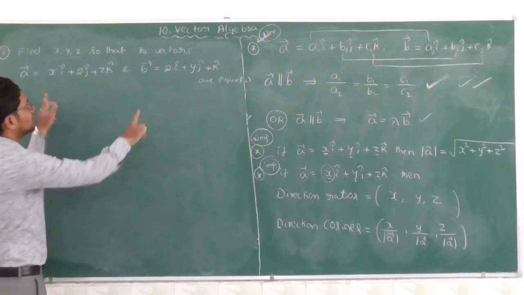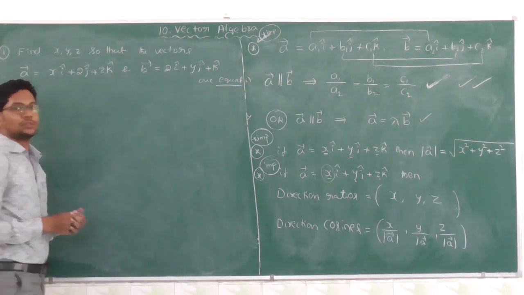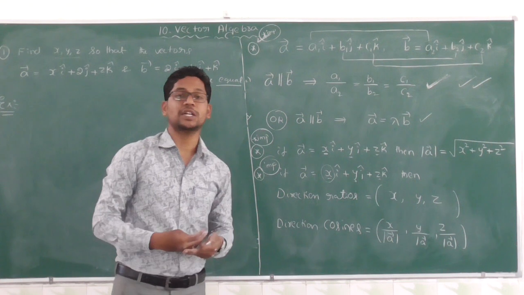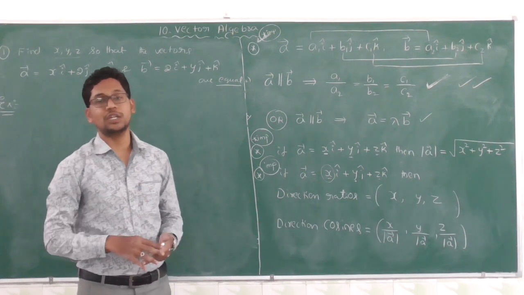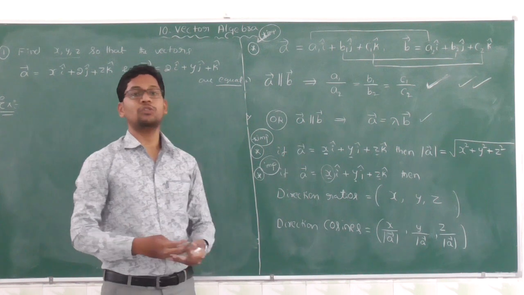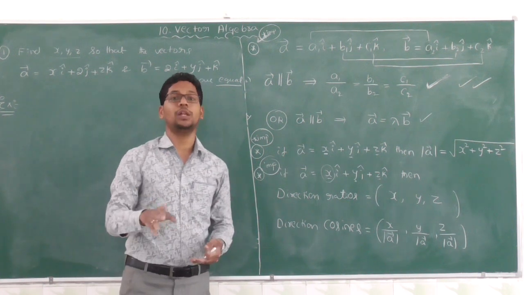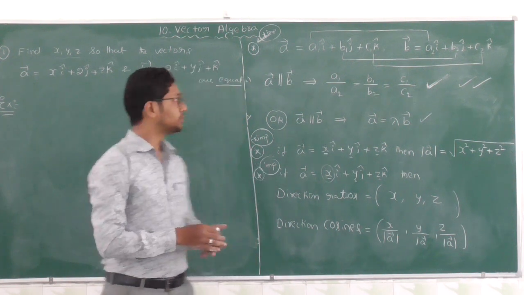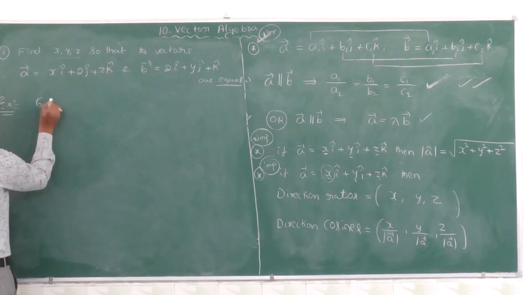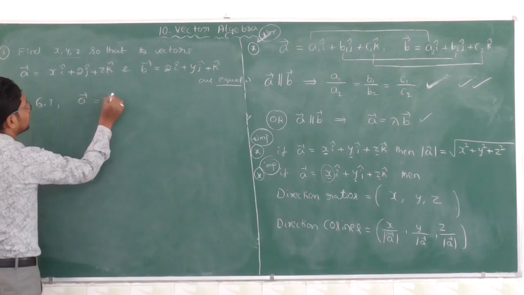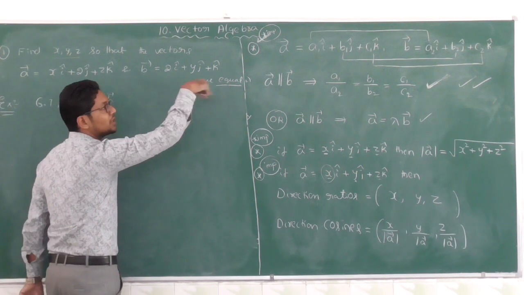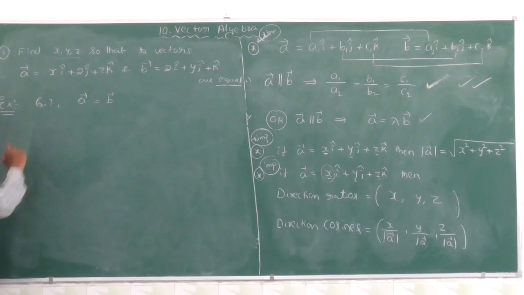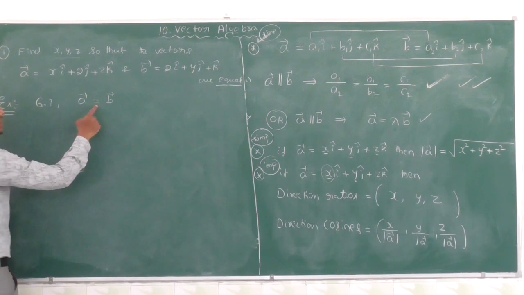What is the condition given? These two vectors are equal. If the two vectors are equal, then what is the condition? I told you in the note point. Two vectors are said to be equal if and only if the corresponding components are equal, right? Here, given that A vector equals B vector.